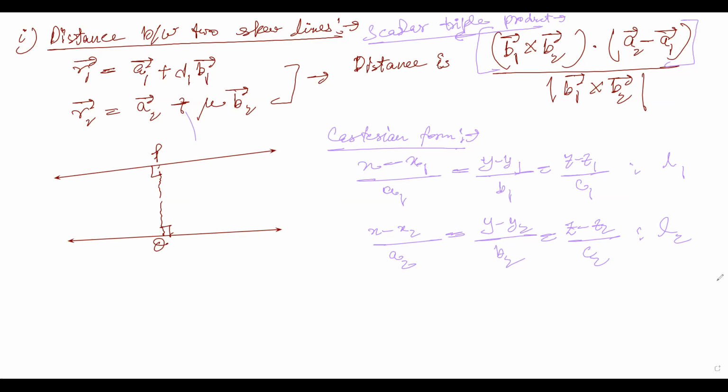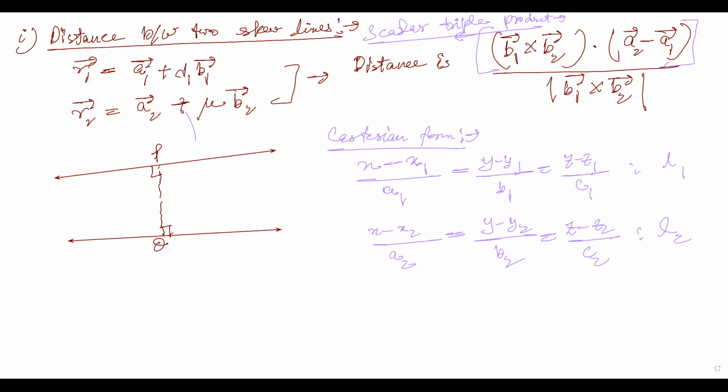So instead of this lengthy process, we can write the whole scalar triple product as a determinant in which i, j, k are replaced with x2 minus x1, y2 minus y1, and z2 minus z1, because that will be the ultimate result.